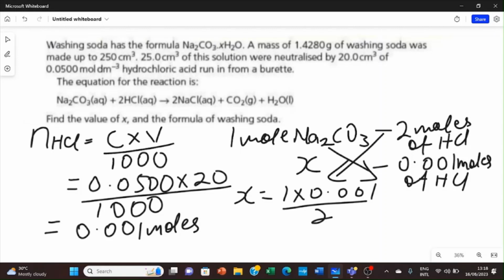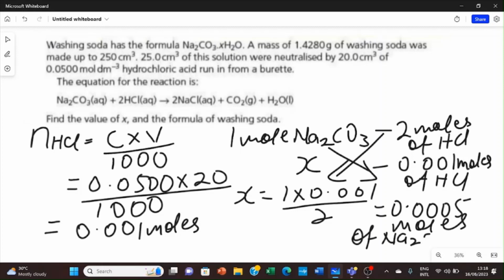So it will be equal to 0.0005 moles of sodium carbonate. So this is the number of moles of sodium carbonate in 25 cm3. So 25 cm3 of this solution contains 0.0005 moles of sodium carbonate.